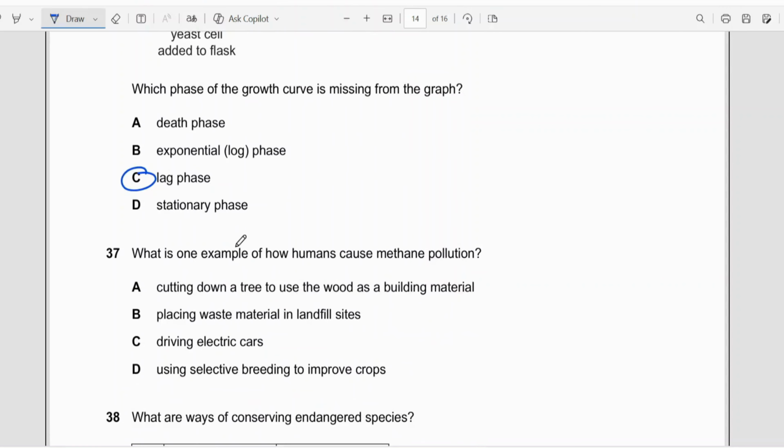What is an example of how humans cause pollution? Placing waste material in a landfill site.